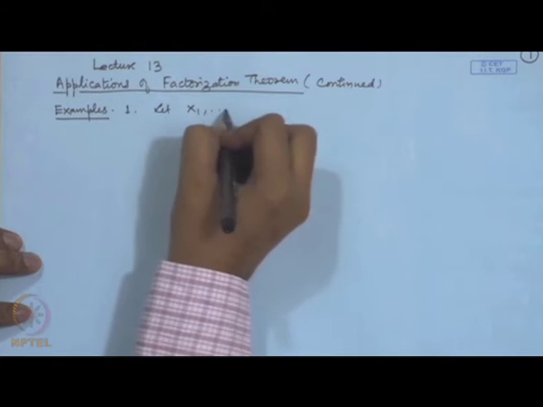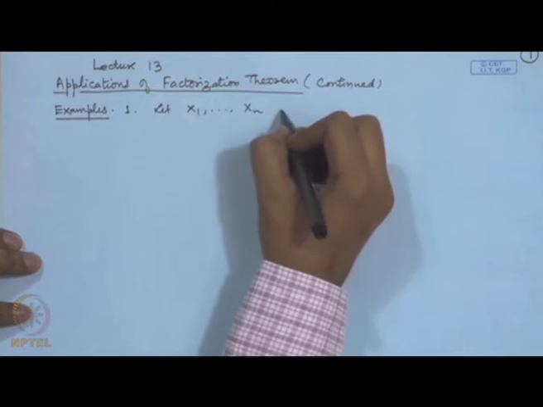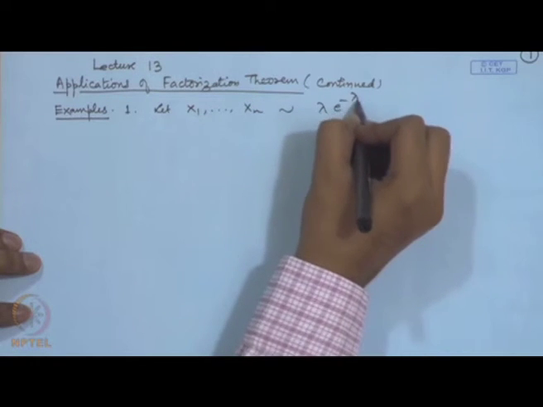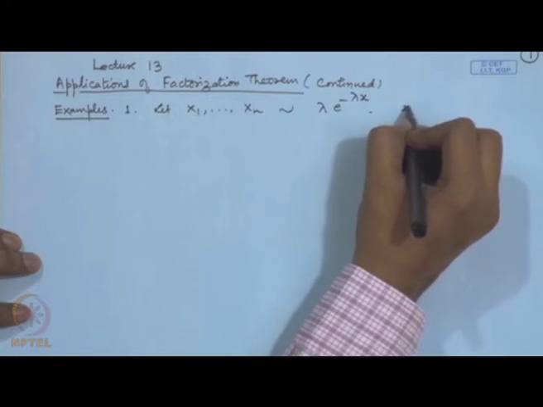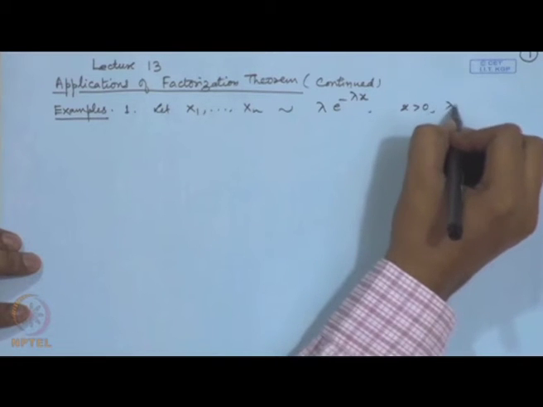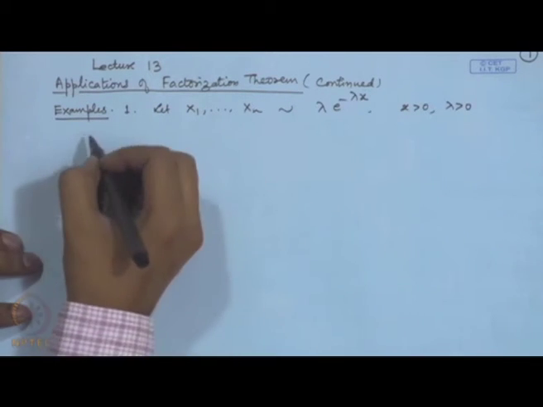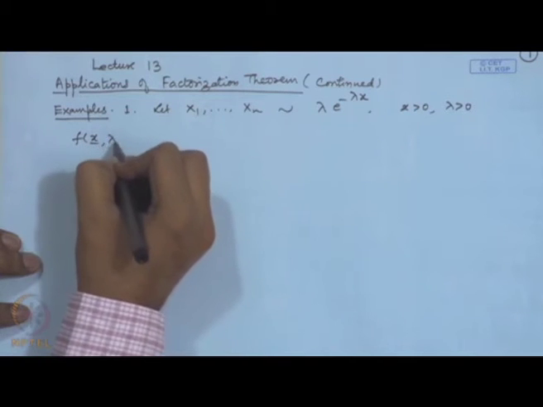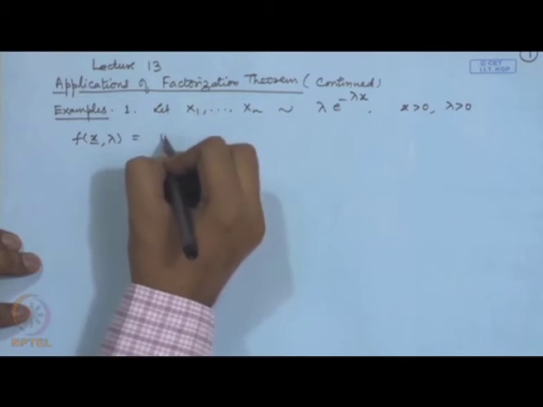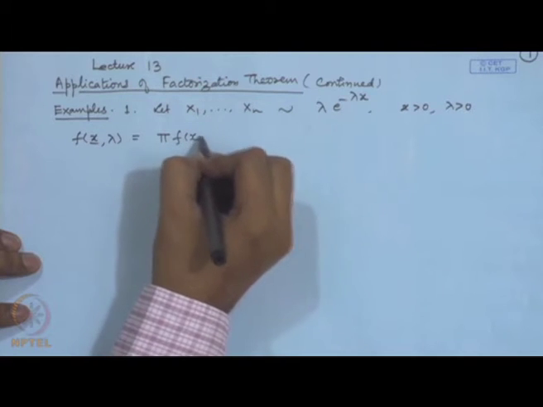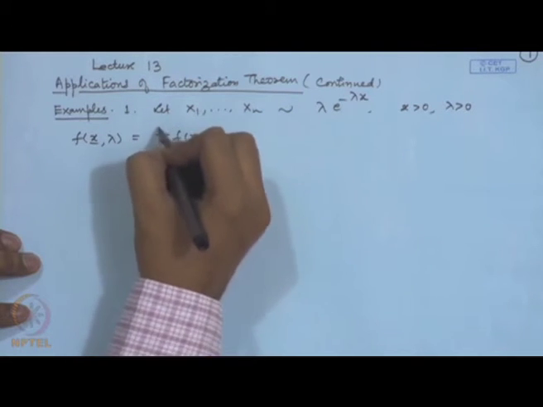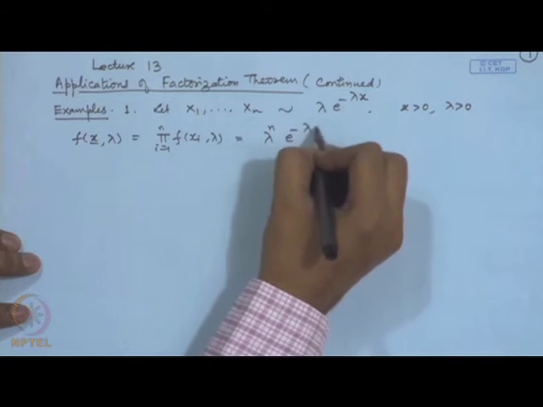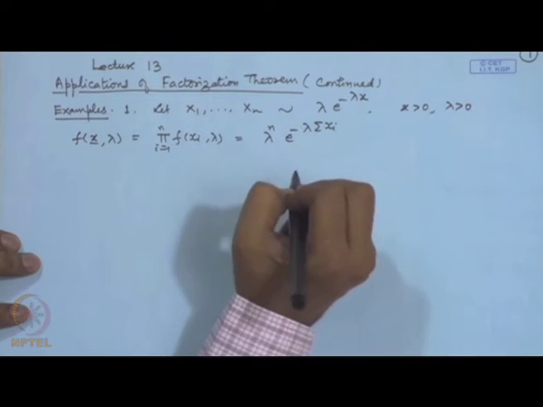Let x 1, x 2, x n follow the exponential distribution, say with parameter lambda. In the factorization theorem we need to write down the joint density of x 1, x 2, x n, that is equal to lambda to the power n e to the power minus lambda sigma x i.